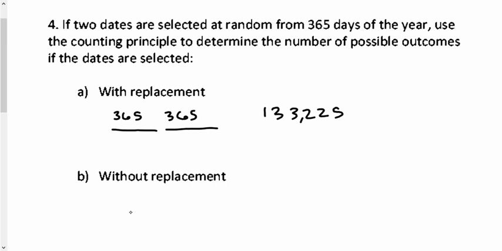When we do this without replacement, it means once we select a day, we cannot select that same day again. We would actually have 365 times 364, right? Because once you pick a day, you can't pick it again. So now this time, we actually have 132,860.